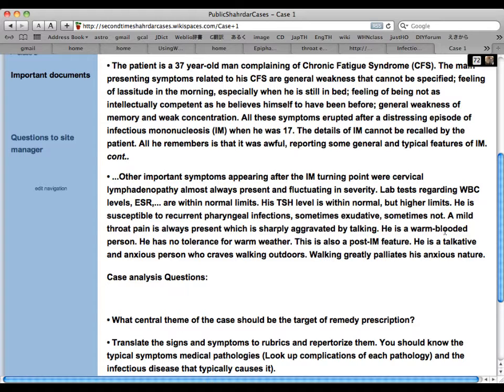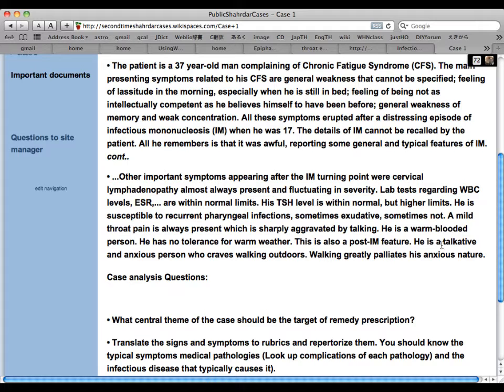He is warm-blooded. He has no tolerance for warm weather. I always take note when someone is warm-blooded and weak because usually people get cold. It's a little more unusual to be warm-blooded, I think. Maybe you disagree. This is also a post-IM feature.